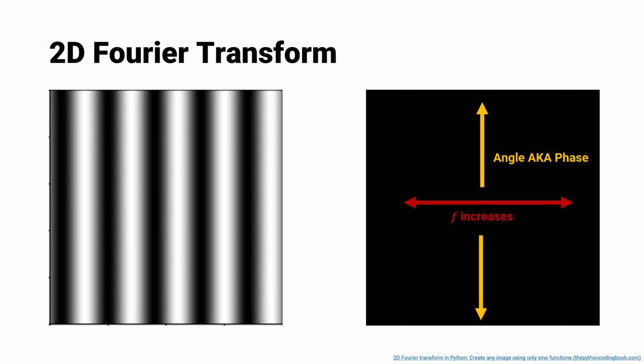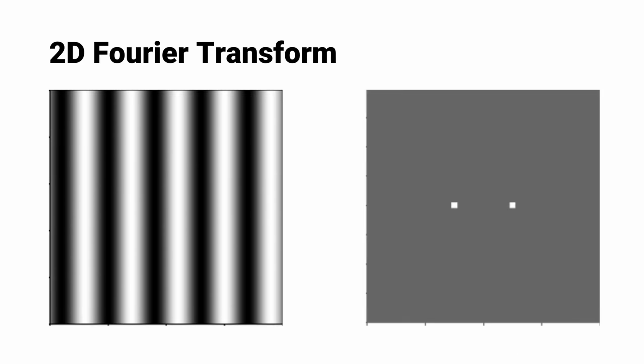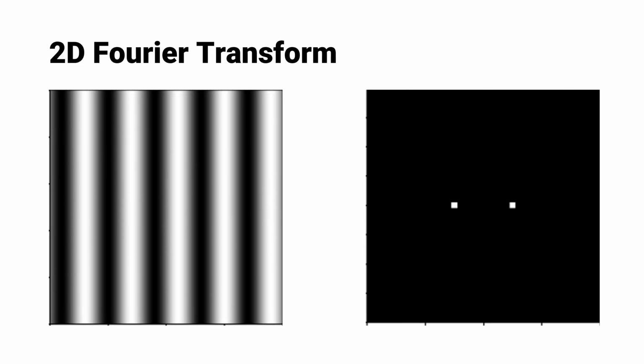I want you to pause the video, take a second, and think about what would appear on the screen. Just a hint: it would be the same thing on the left half of the Fourier transform image and the right half. But how many values would we actually see here? If you were thinking just one, you were absolutely correct, because we have one sinusoidal waveform in the entire image.